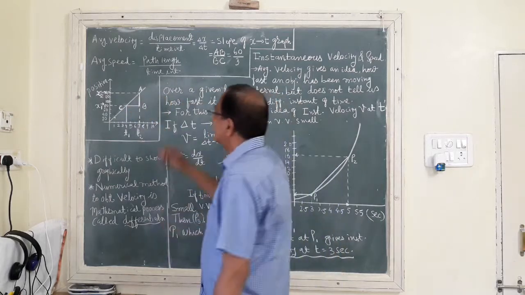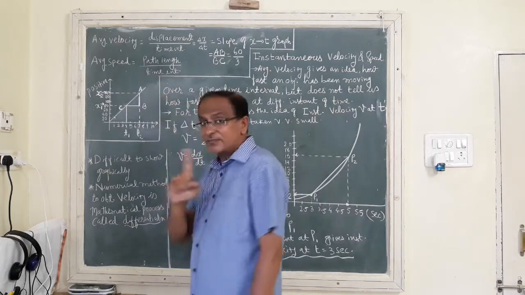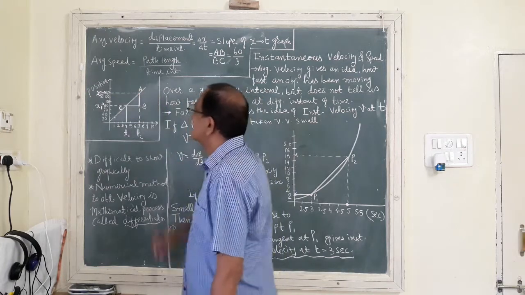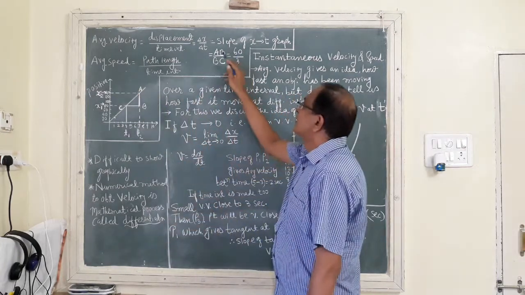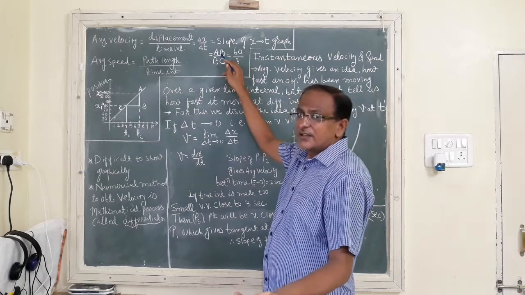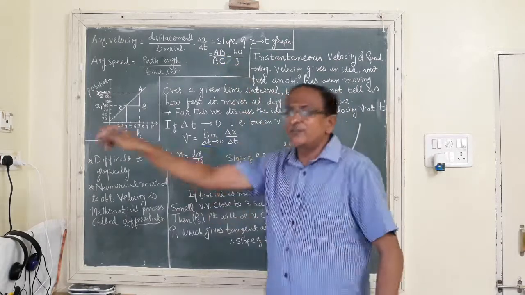So we can say the distance covered by this object in the positive x direction is 140 minus 80, that is 60. So AB is the distance covered, rather it will become displacement, because it is moving in one particular direction.